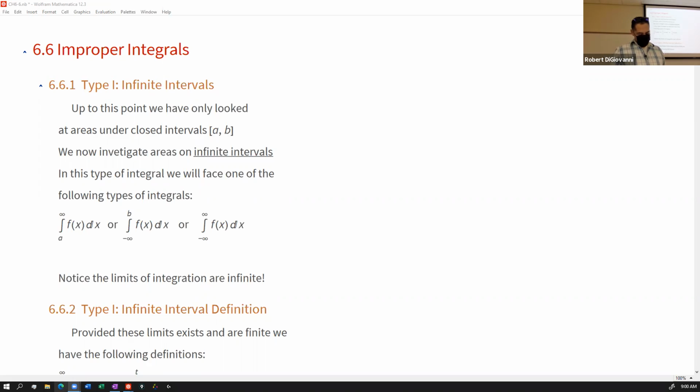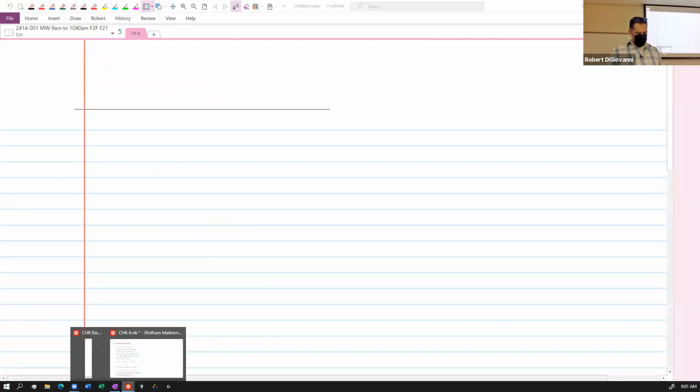Okay. All right. So last time we were talking about the definite integral, right? And I had brought up this idea of, oh, come on. Where'd it go? Hold on. I've got a window hidden behind another window somewhere.